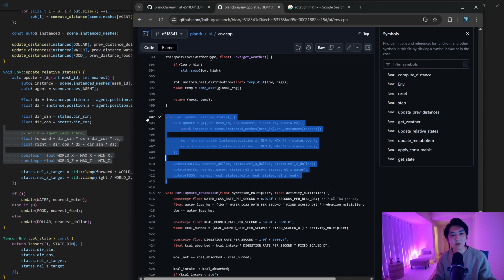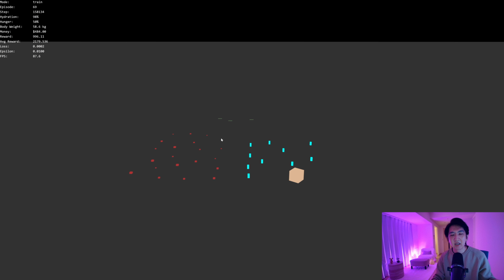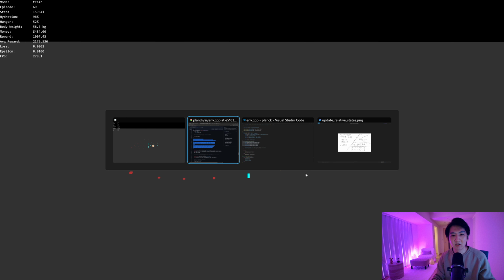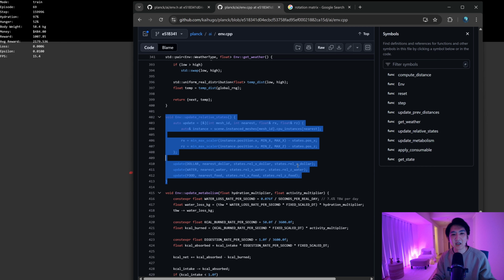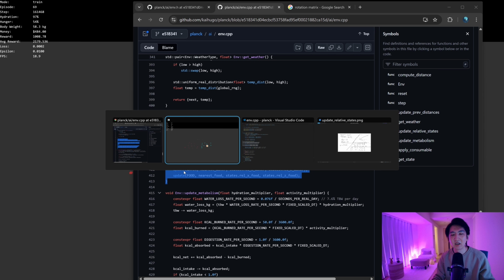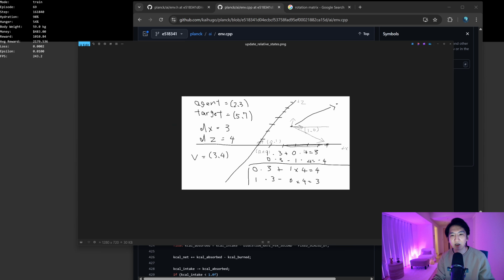So this works fine if my AI agent never changes his direction. But as you can see, he changes his direction, or he rotates, and it wouldn't really work if he changes his direction.